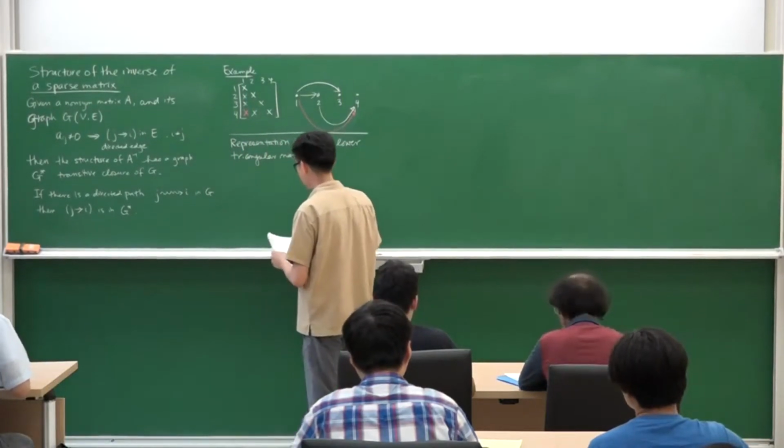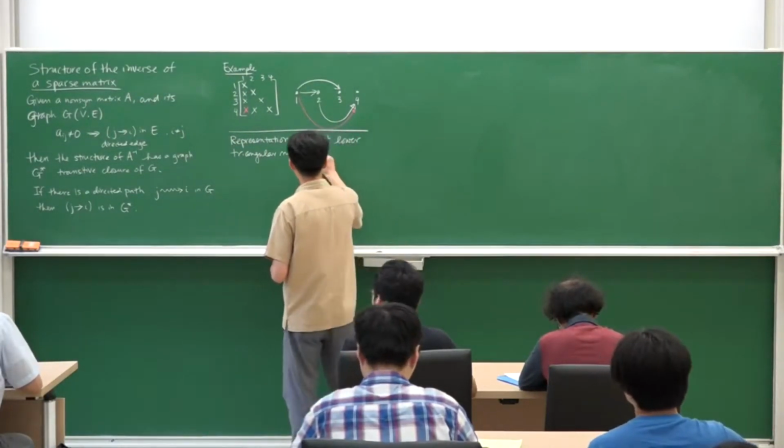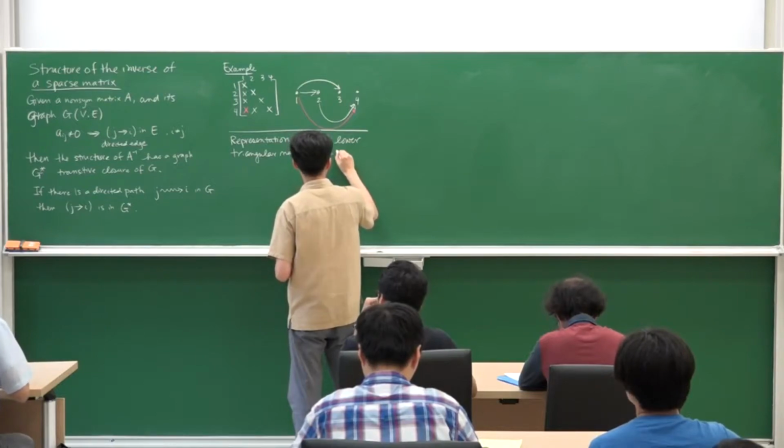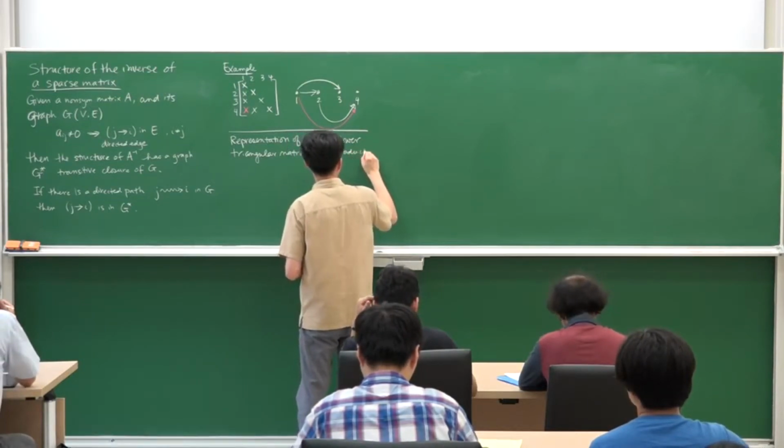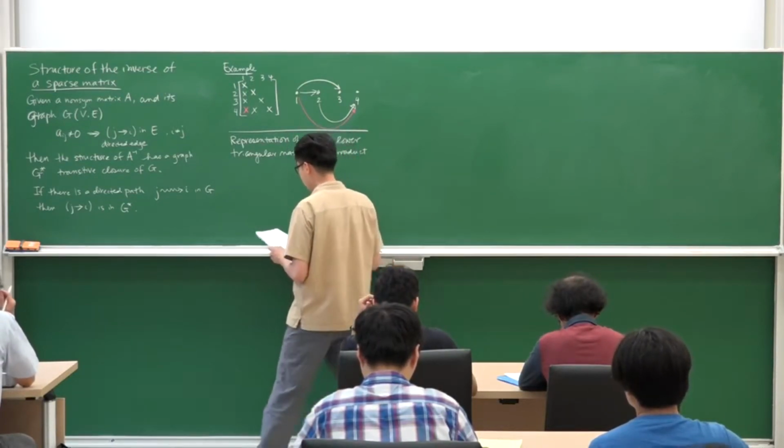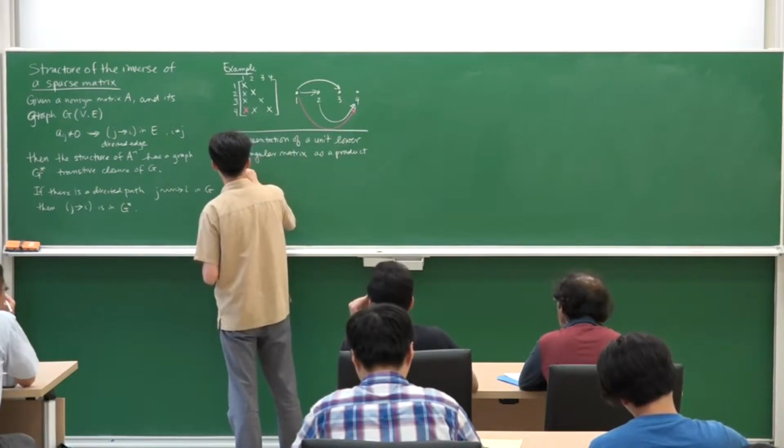So given a unit lower triangular matrix, we want to represent it as a product of a set of matrices called elementary elimination matrices.